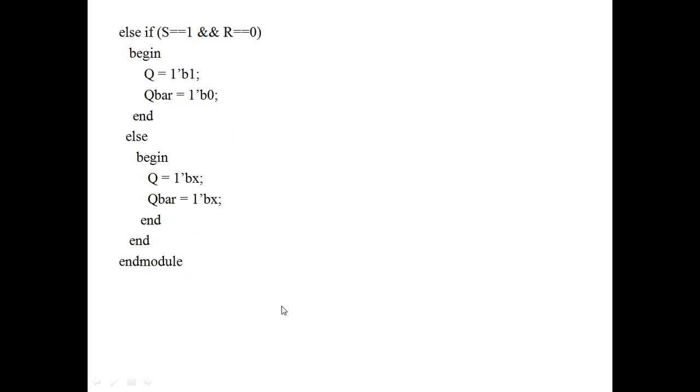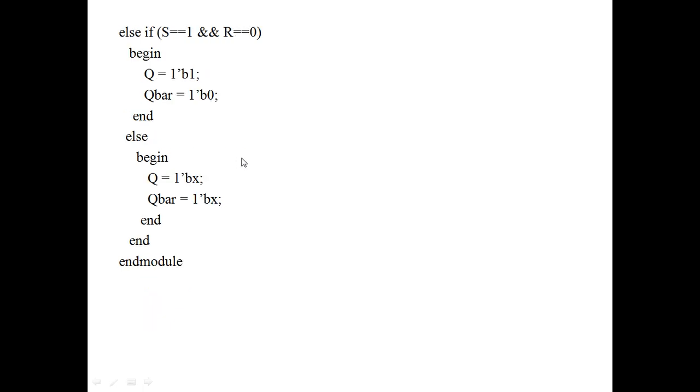Now we describe how we want our flip-flop to work. Depending on the values given to S and R, we assign our Q and Q bar outputs. The if else statements execute the statement depending on the conditions applied.